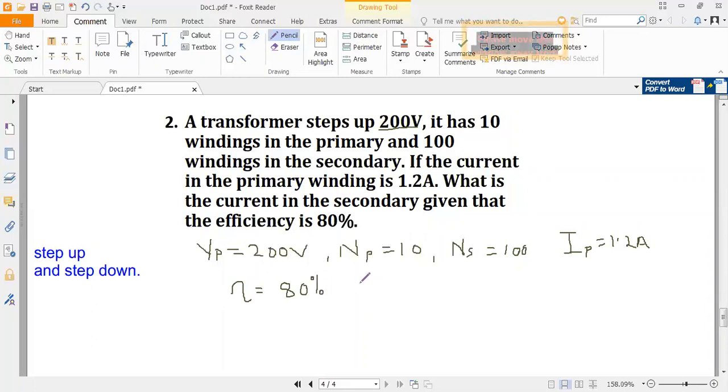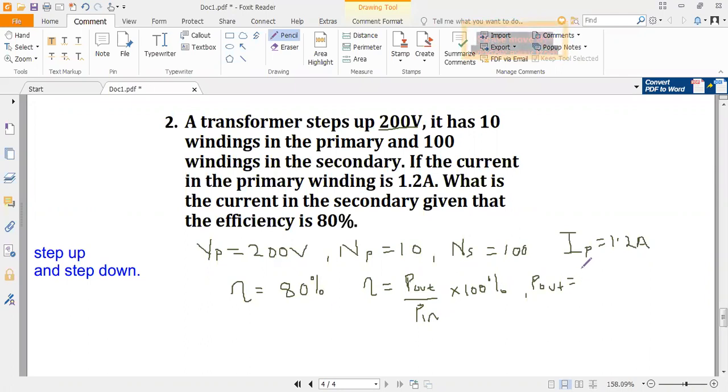We all know that the formula for efficiency is given by the power output divided by the power input, multiplied by 100%. Another formula we need to know is the formula for power output, because power out is always in the secondary coil.